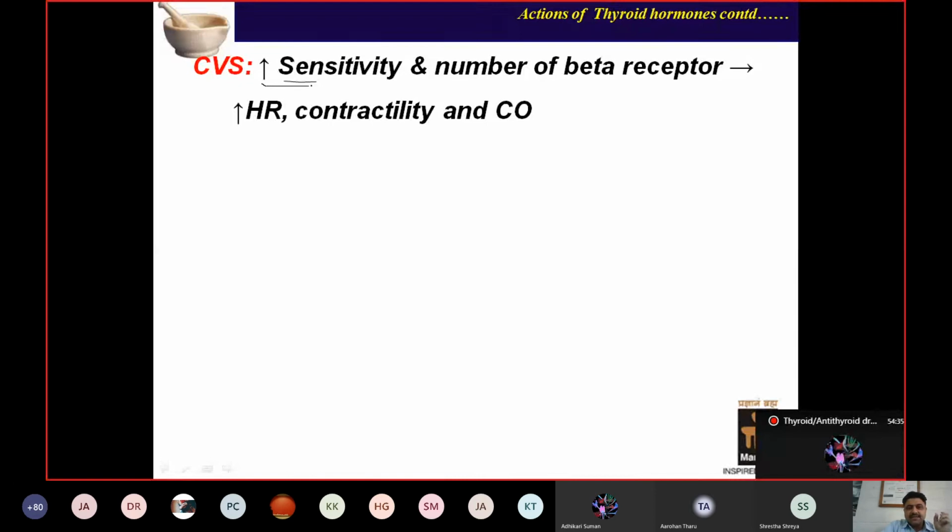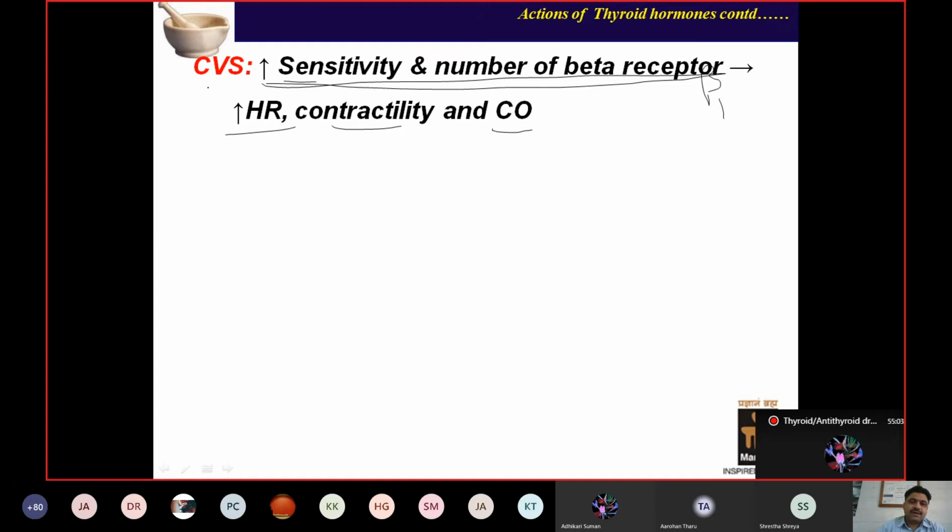By increasing the sensitivity and number of beta receptors, beta 1 especially. When the number of receptors increases, there will be more action, so there will be increased heart rate, contractility, and cardiac output.